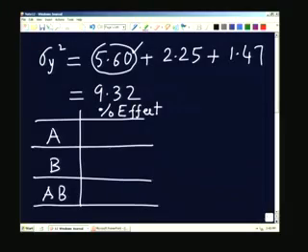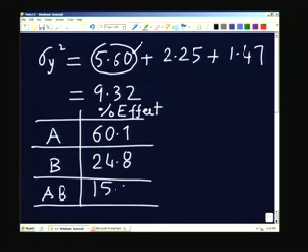Variance is the variation which is because of the effect of that particular factor. So, we are looking at the contribution of each one of these. I will say 5.6 by 9.32 multiplied by 100, as a percent. This will be 60.1. Next one is 24.8 and the third one is 15.8. If you add all of them, you should of course get 100. Sum is equal to 100.